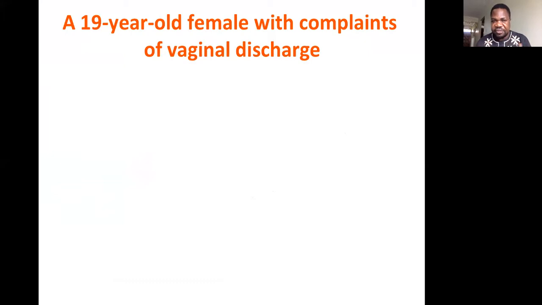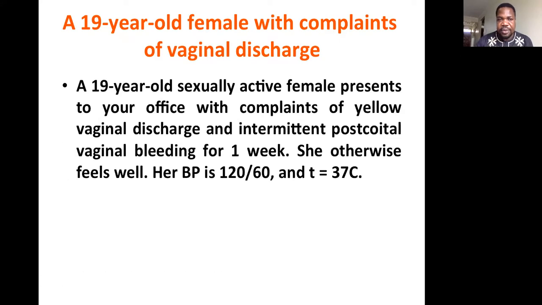She says that she is experiencing vaginal discharge. Okay, so this is a 19-year-old. She is a sexually active female. She presents to your office with the complaint of a yellow vaginal discharge, okay, and intermittent postcoital vaginal bleeding.